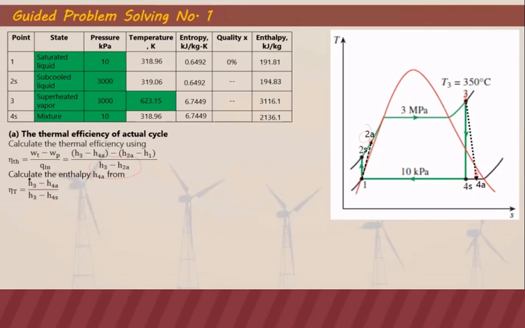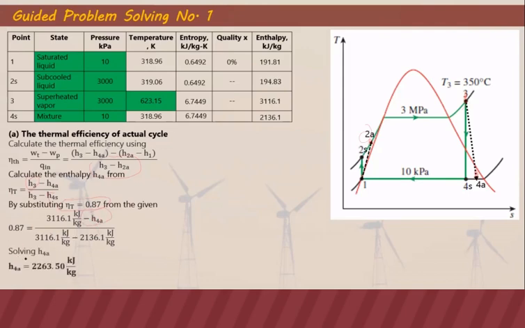Since we already have H3 and H4S in the table, and the isentropic efficiency of the turbine is given, we substitute all of that so that our only unknown is H4A. Our H4A, the actual enthalpy at point 4, is 2263.5. As you can see, this is higher than the enthalpy in the table. That is the deviation.